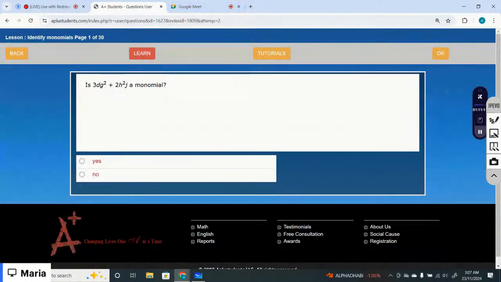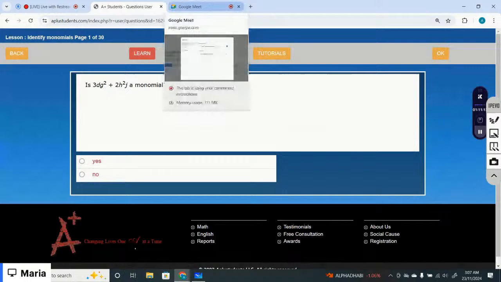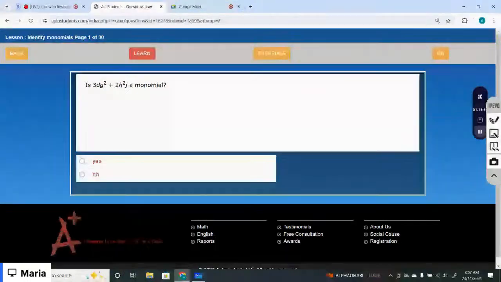Is 3dg square plus 2h square j a monomial? Which is the correct option? That is no, right?